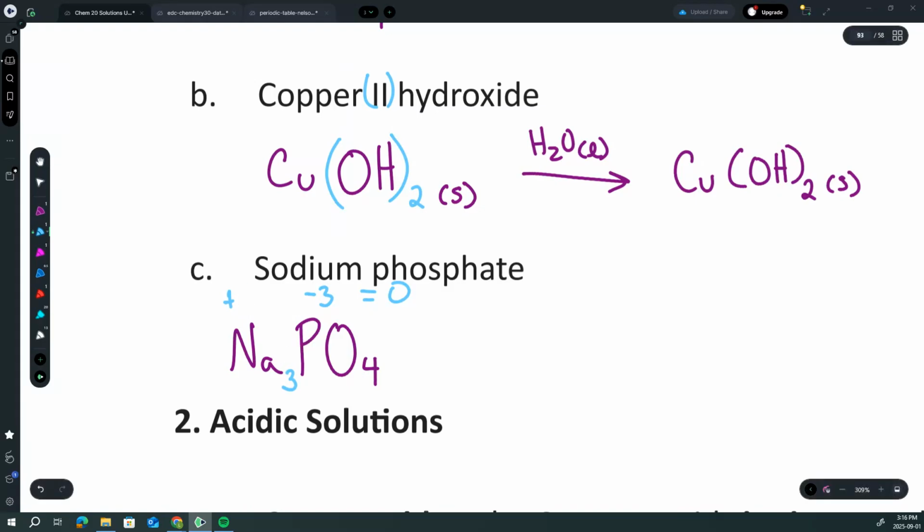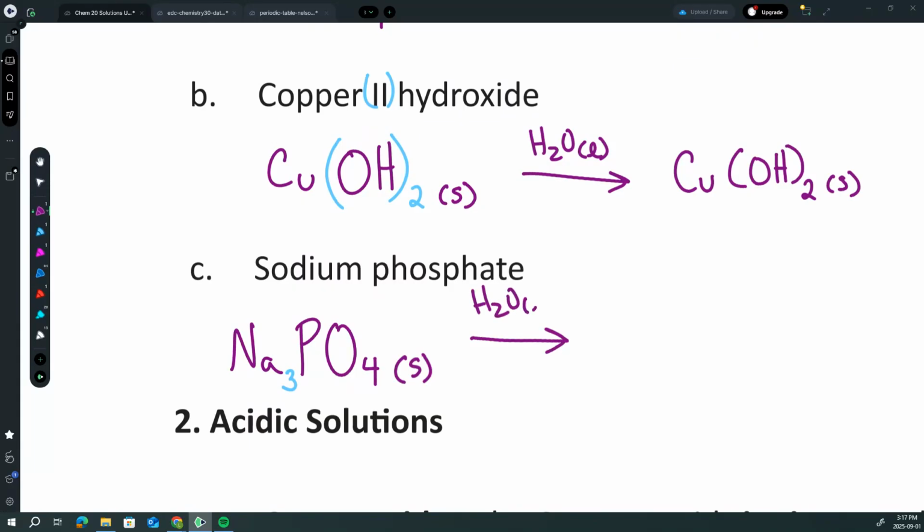So that's going to change this, since now we have 3 sodiums, so we have 3 +1s, which if you add all those up gives you +3. Which 3 minus 3 is equal to 0, so this is balanced now. Our state is solid. We're throwing it in water.